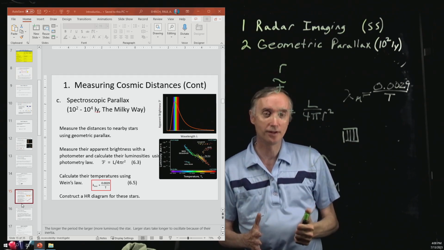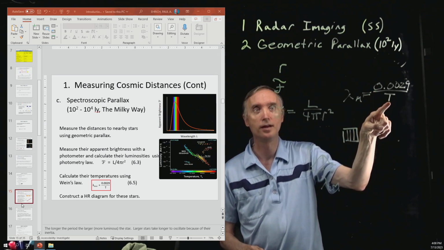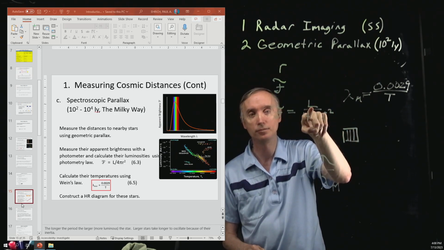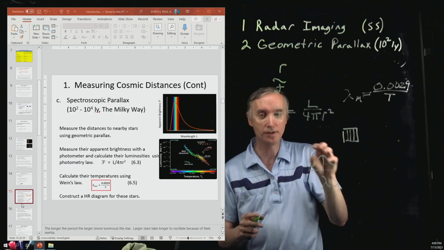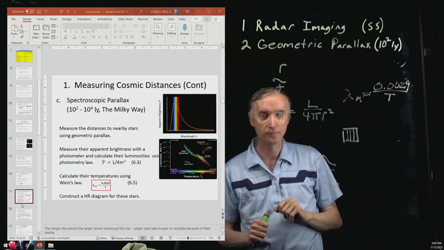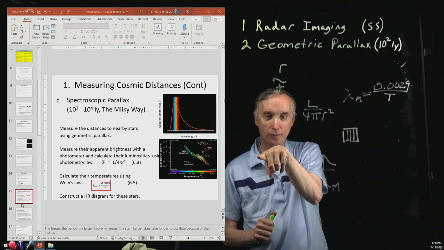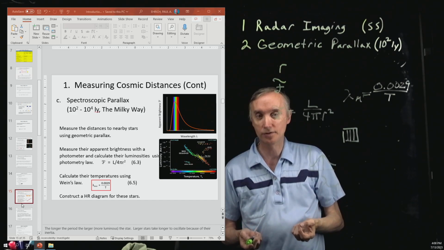So the goal is, now that we've got the temperature and we've got the brightness, we're going to plot those on a piece of paper and make an HR diagram. So that's that lower picture there. Do you remember the HR diagram when we talked about stars?